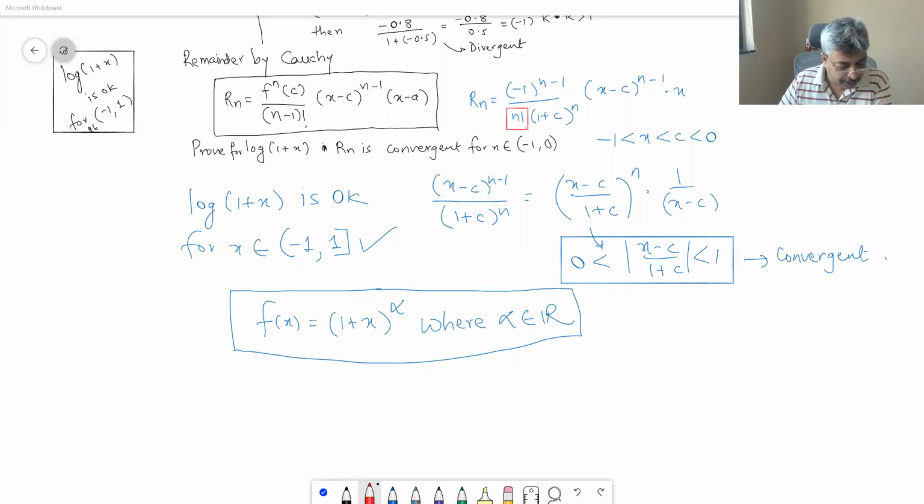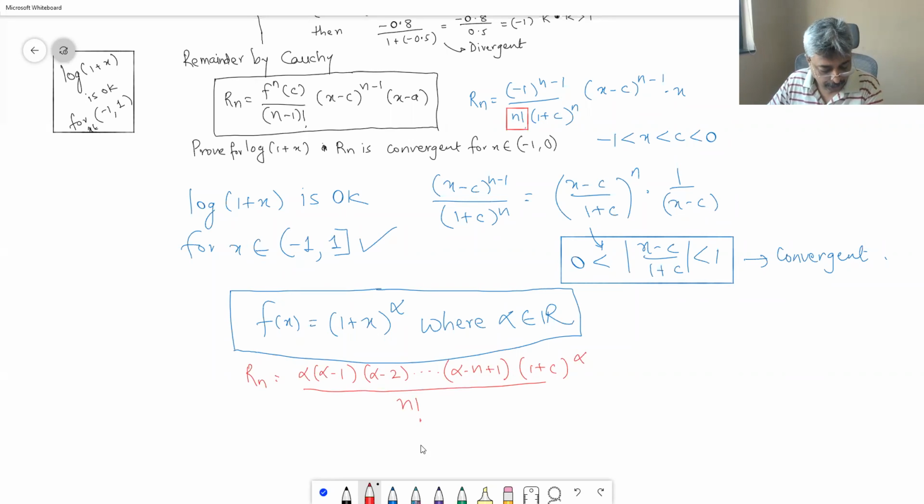If you really write down Taylor's remainder term Rn, it will look like alpha into alpha minus 1 into alpha minus 2 dot dot dot into alpha minus n plus 1, into (1 plus c) raised to alpha upon n factorial, into (x upon 1 plus c) raised to n.